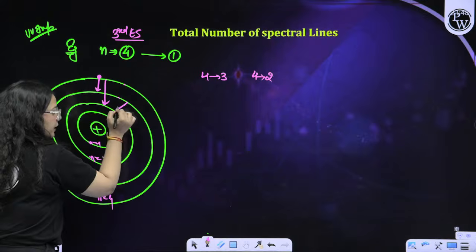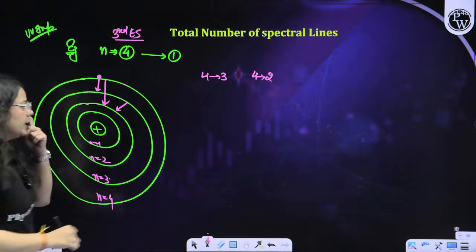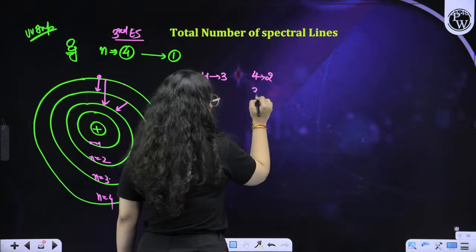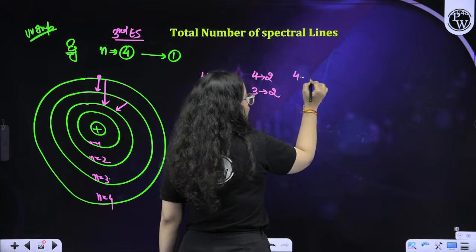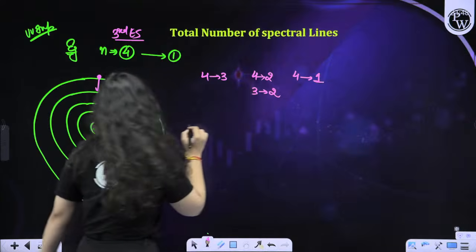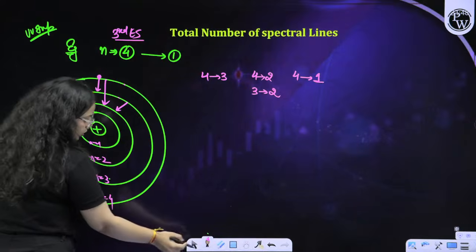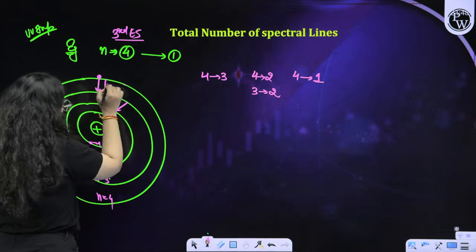Or it can happen like 4 to 1, directly from 4 to 1.